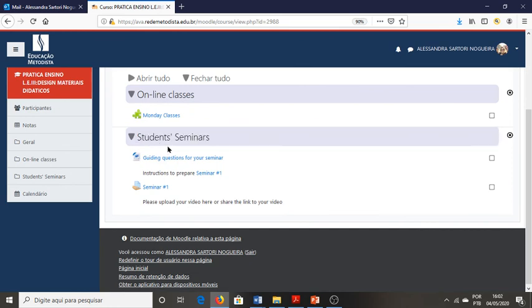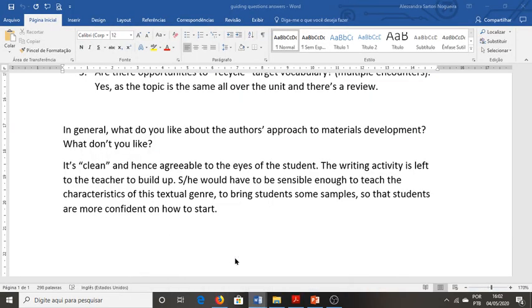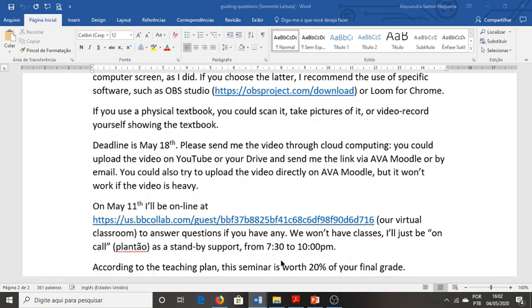Então as instruções estão aqui, Student Seminar no Moodle, tem as questões que vão guiar vocês e o local para vocês darem upload no vídeo ou enviarem por e-mail. Eu acho que eu disse tudo, não devo estar esquecendo mais nada.